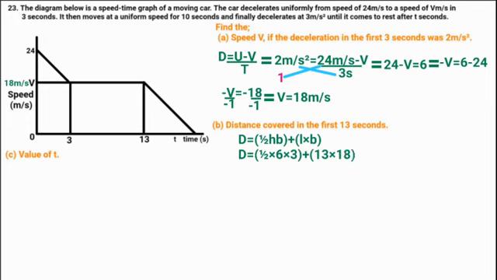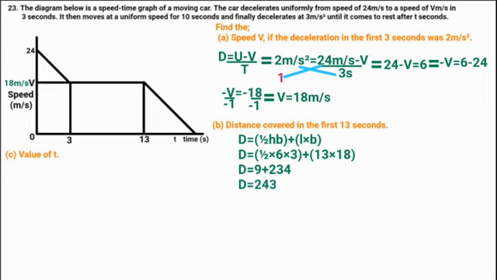Now I'm going to write d is equal to 9, because 1 over 2 times 6 will give us 3, and 3 times 3 will give us 9. Then 13 times 18 will give us 234. When you find the sum of 9 and 234, you find that the distance is equal to 243.